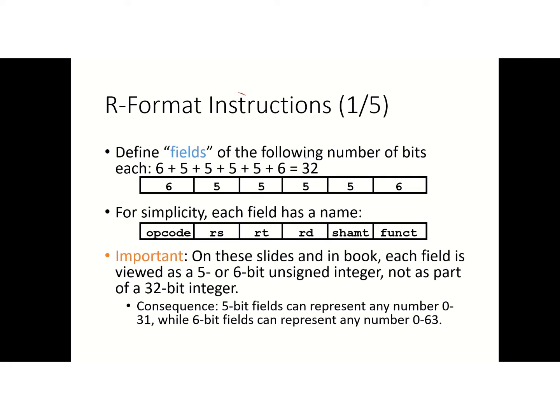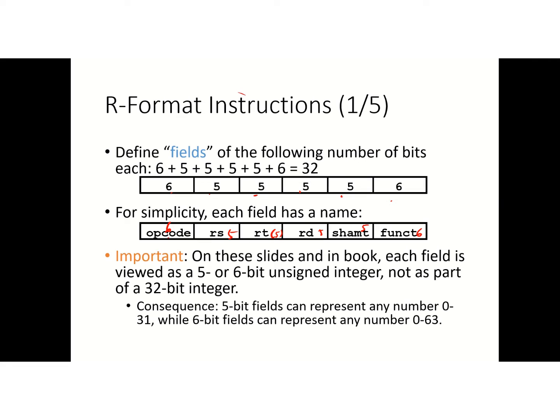We define the fields with the following number of bits, the size of each field: 6, 5, 5, 5, 5, 6. For simplicity, each field has a name. The opcode is 6 bits, RS is 5 bits, RT is 5 bits, RD is 5 bits, shift amount is 5 bits, and then the function is 6 bits, together with the opcode.